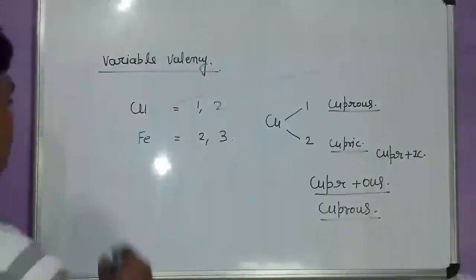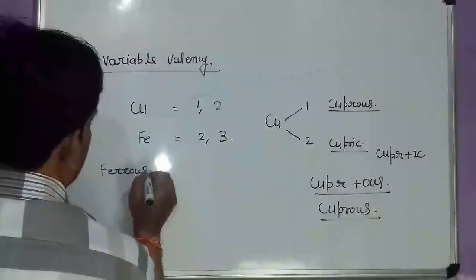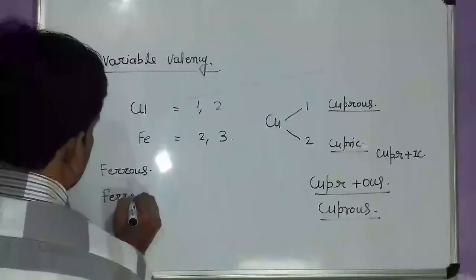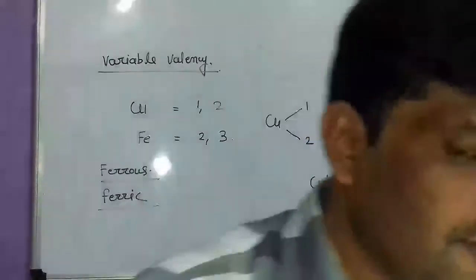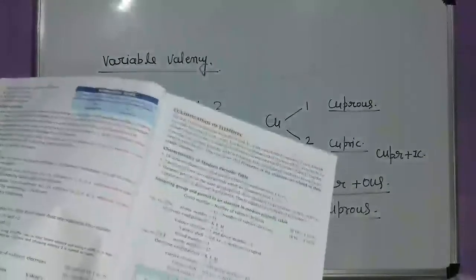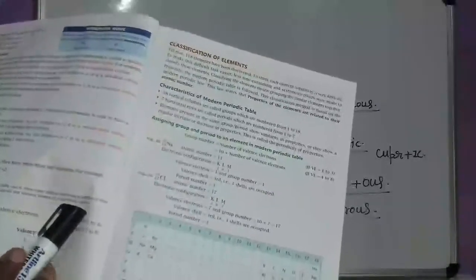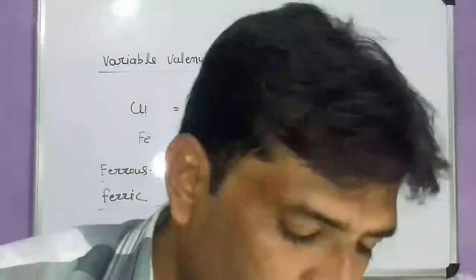Iron: ferrous and ferric. Ferrous and ferric. According to your book, these are suffixes. Clear, student?